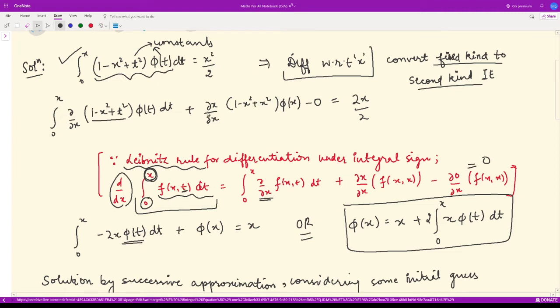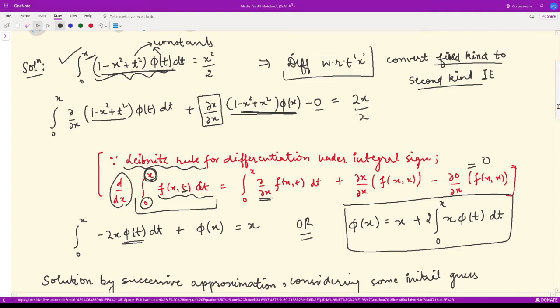The next term would be the derivative with respect to x of the upper limit, which is x in this case, and you have to substitute x in place of t. We just did that, minus 0 accordingly, because the lower limit is the constant 0, and the right hand side gives you x, right?